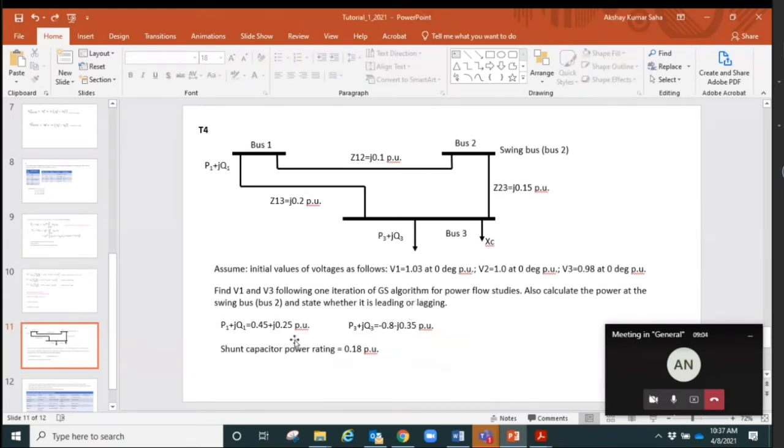So the shunt capacitor power rating is given here. What we need to do first is find the admittances. So is that clear with the problem, or do I need to explain it more?